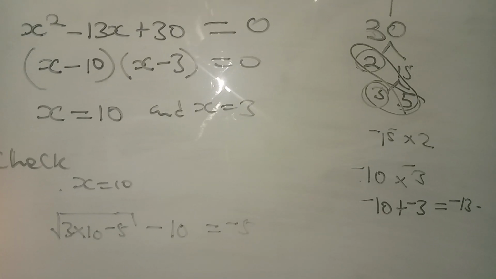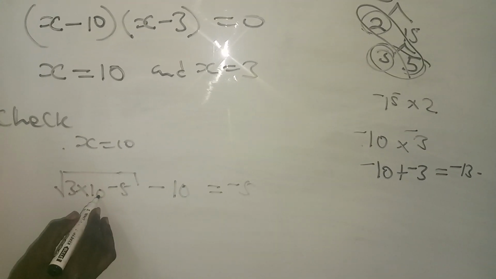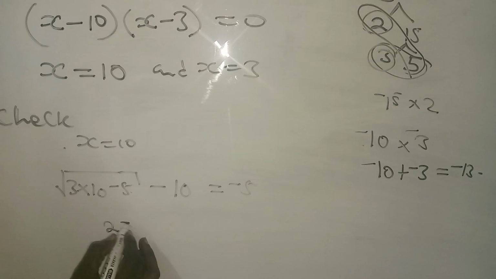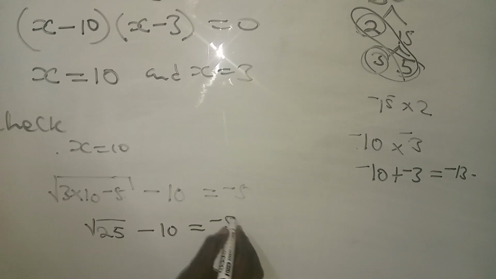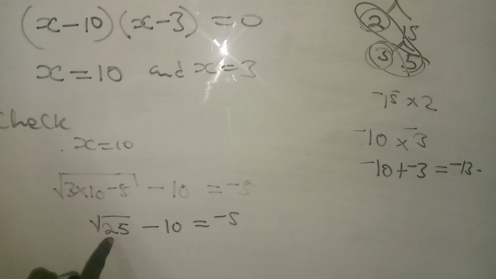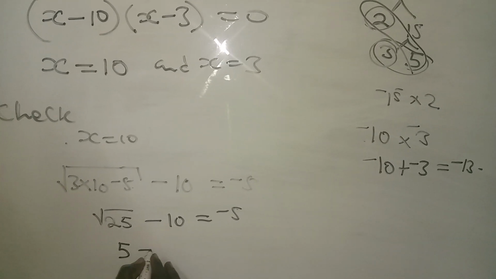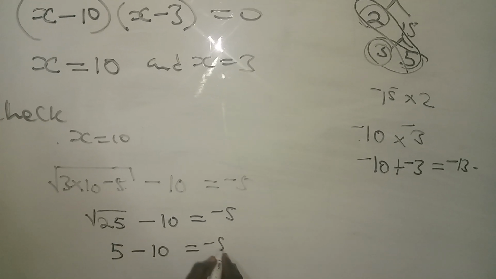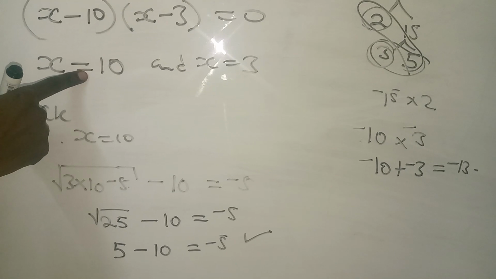This is 30 minus 5, which is 25, root, minus 10. The root of 25 is 5. Minus 10, is it equal to negative 5? Yes. Therefore, this one is the solution.